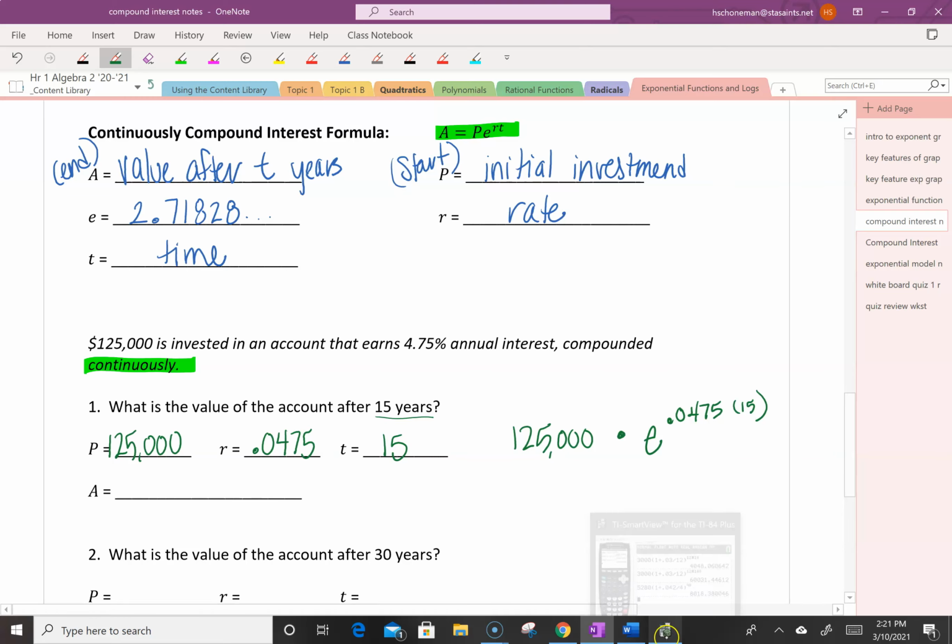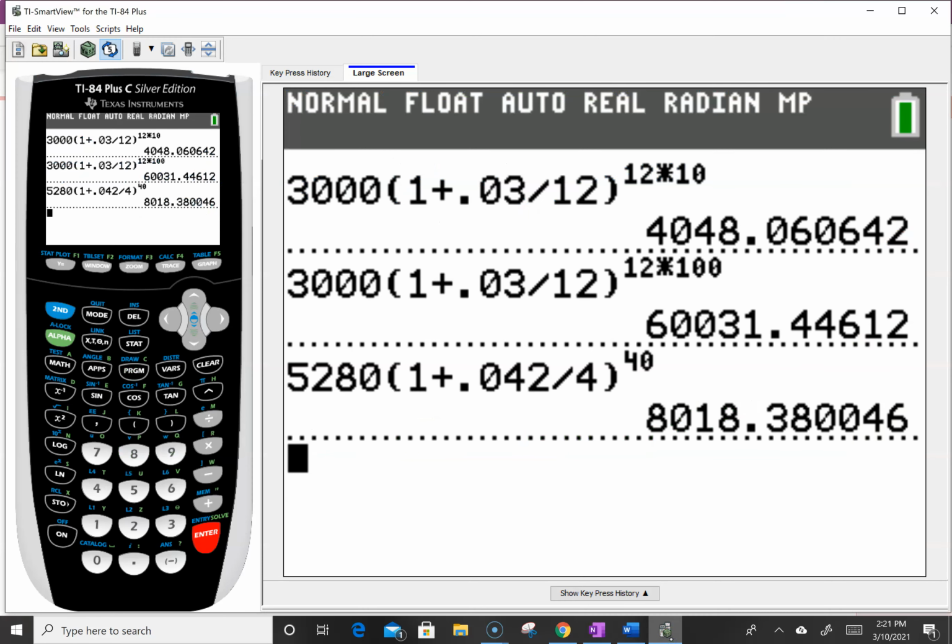All right, so we're going to put this into our calculator, and we're going to say 125,000 times, now E, if you look on your calculator, there's a button on the left that says ln, and right above that in blue says E. ln stands for the natural log, and we'll use that after spring break.